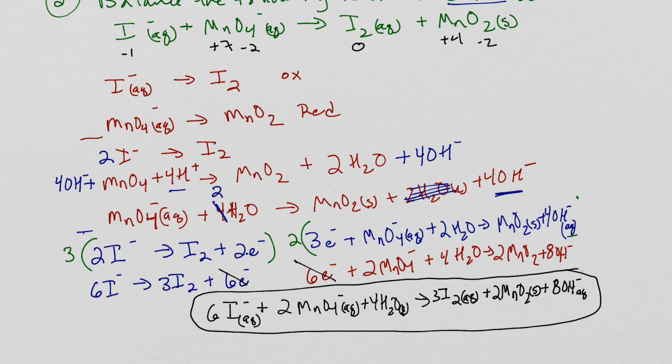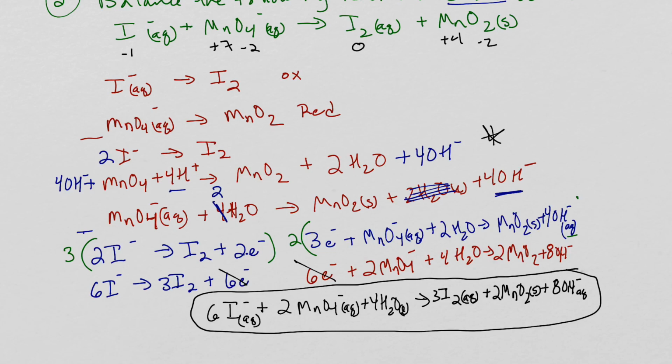The key being the presence of the OH minus in the end, as opposed to H plus ions, indicating that we're in basic medium. Remember, we did that right here. Instead of showing a reaction that had H plus, we added OH minuses to both sides to convert it into a reaction that showed hydroxide ions.